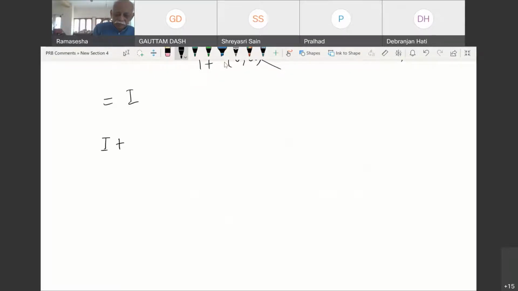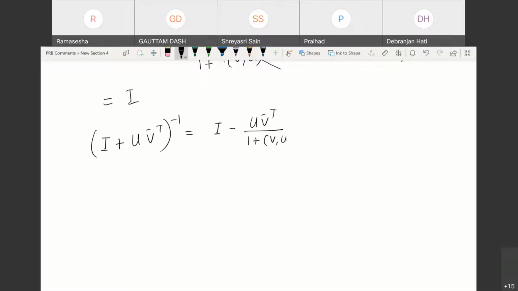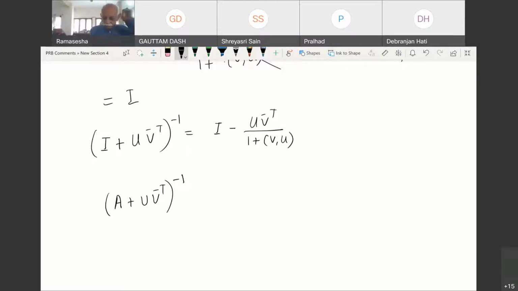Okay, so given this, what I have is this formula works: I plus UV bar transpose inverse is equal to I minus UV bar transpose divided by 1 plus V comma U. Okay, now you take the following. You take A plus UV bar transpose inverse.